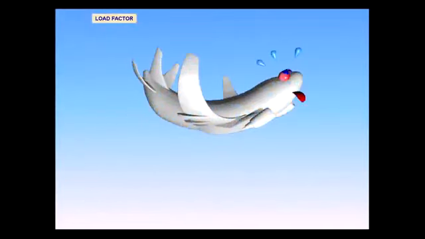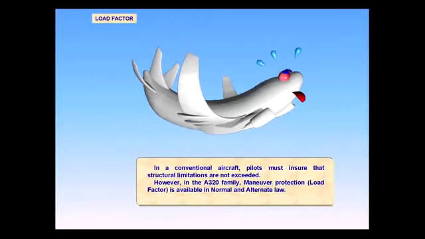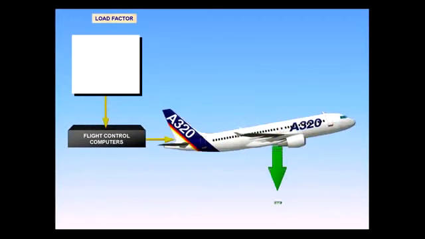In a conventional aircraft, pilots must ensure that structural limitations are not exceeded. However, in the A320 family, maneuver protection, load factor, is available in normal and alternate law. Maneuver protection, load factor, prevents structural overstress by limiting control surface deflections through the flight control computers.